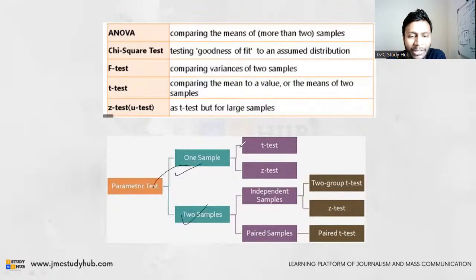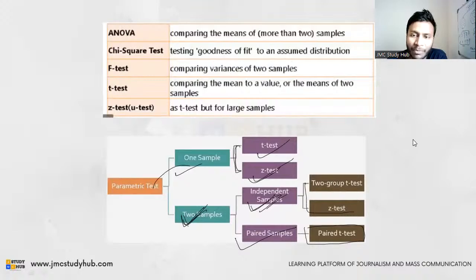When you are applying the test on one sample, then it will be the t test or the z test. And when you are going to test two samples, then it is independent sample and paired sample. The paired sample means paired t test, and independent sample means the two group t test or the z test.